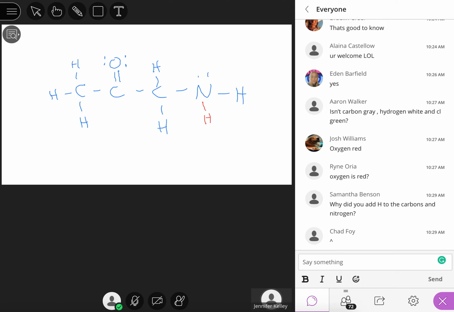Just make sure everything has an octet. And if they don't have an octet, and you're like, I think this needs more atoms, the only atom they'll leave off is hydrogen. So you don't have to guess, like, do they mean I should put a fluorine here? Because if they leave it off, the only one they ever leave off is hydrogen. Unless they've made a typing error, in which case they messed it up.